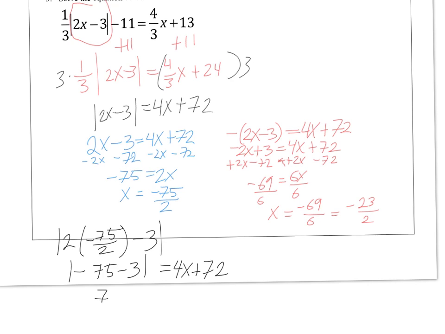So you've got positive 78, and I probably should have plugged negative 75 in here, so 4 times negative 75 over 2. So that'll give us, 2 of those will cancel out, negative 150 plus 72. And that'll be negative 78, but not positive 78.